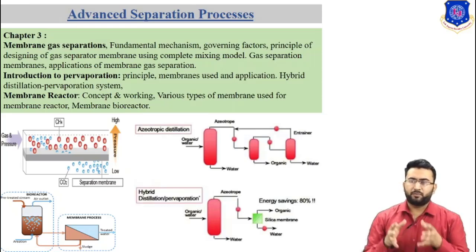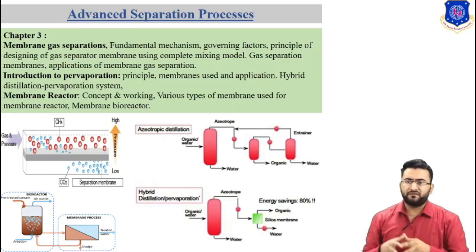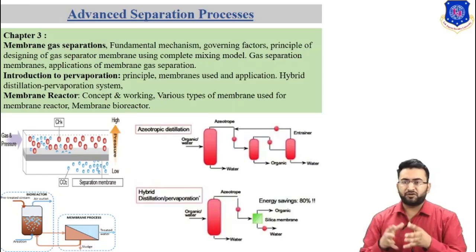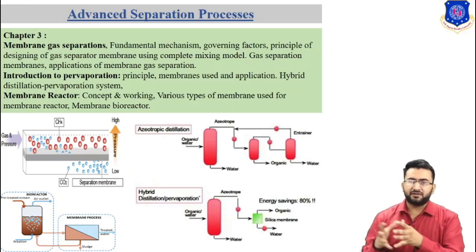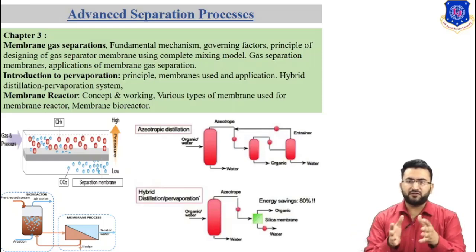Then we'll talk about the pervaporation technique, the principle of pervaporation, membranes used and applications of pervaporation, and the hybrid distillation-pervaporation system. What is the meaning of a hybrid distillation-pervaporation system? To understand this, let's consider one example. Let's consider a solution of an ethanol plus water mixture.